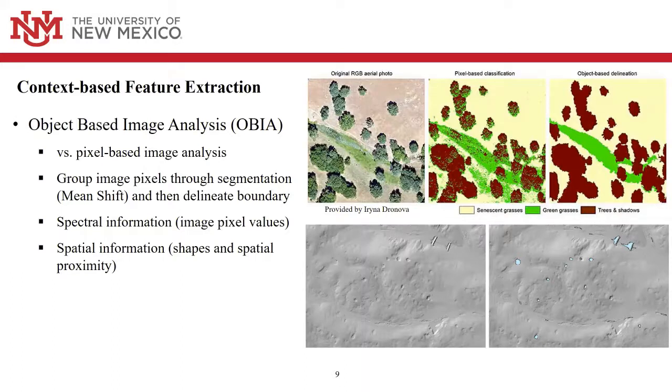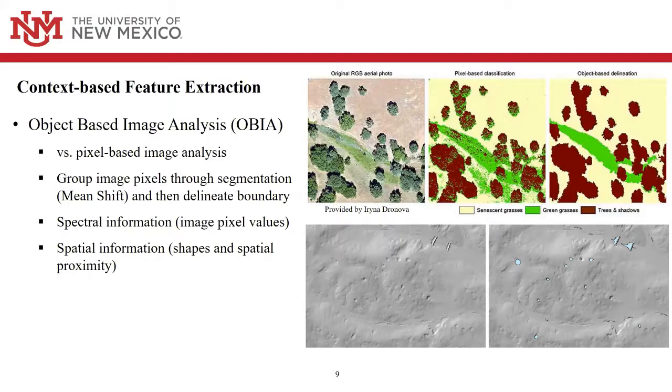But for high spatial resolution images or aerial photos, the problem is that, for example, I'm showing the image, we have an original RGB image, and when we do pixel-based classification, you get a map like in the middle, because we know that a single tree is a single tree, but in the middle image, you can see that some trees are false positively classified as grass, and some of them are trees or shadows.